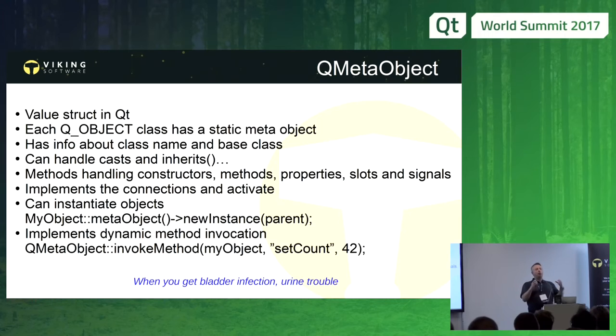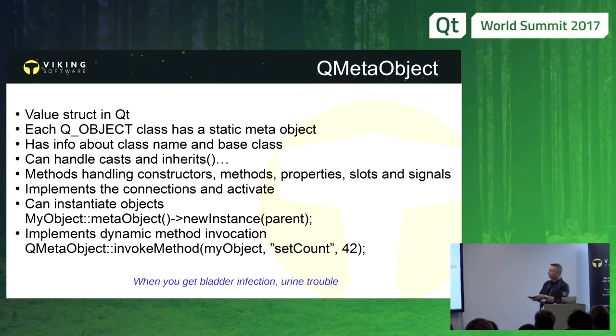But it does have all the information you want to know about to do the dynamic method invocation. It knows about your signals, your slots, what the properties are. It knows how many constructors you have, and so on. So that's what you need to do all the magic. You use the meta object to access the information built by moc. That's basically what it does.